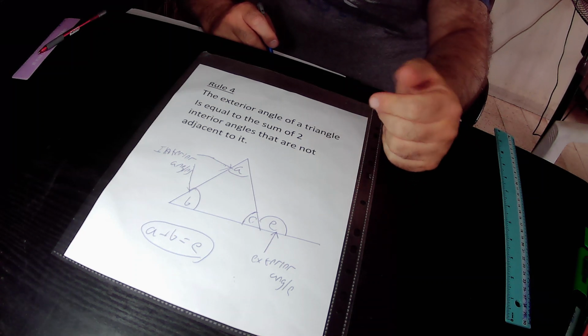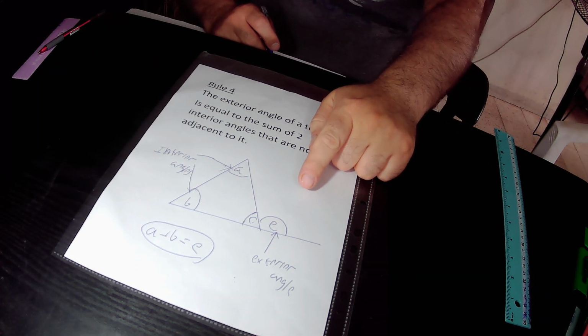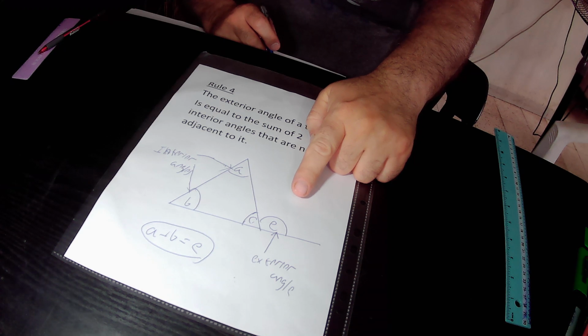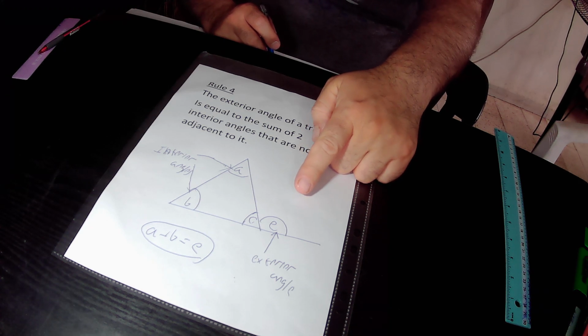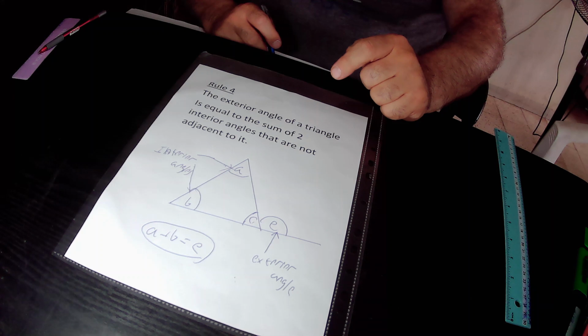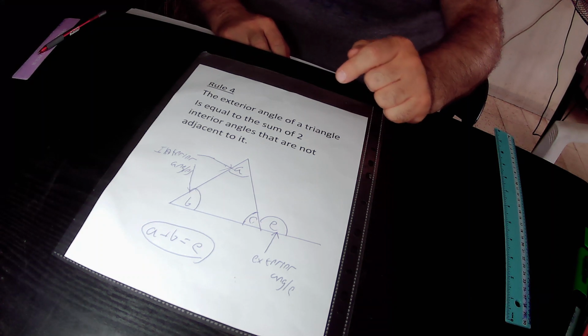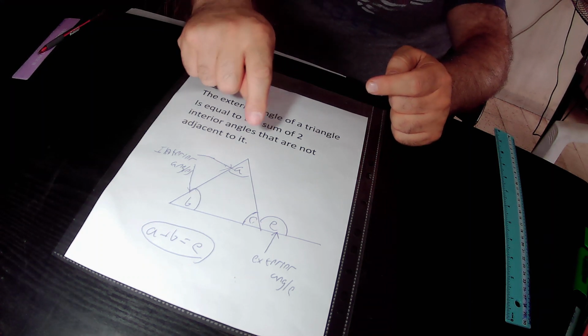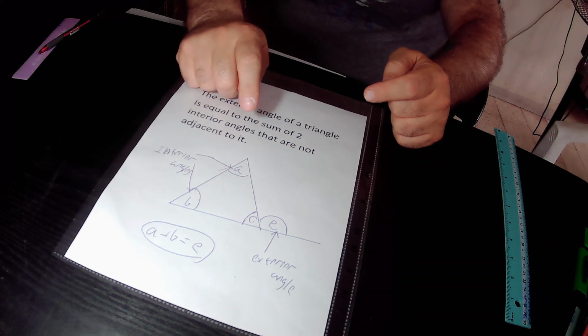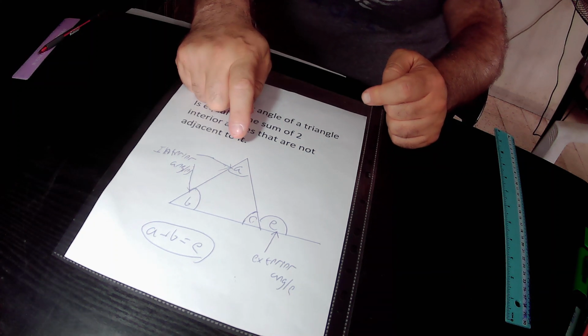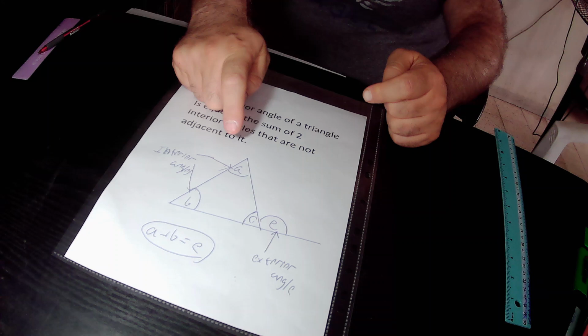According to rule 4, the size of this exterior angle, angle E, is equal to the sum of the two interior angles that are not adjacent to it. We have three angles, A, B, and C. They are defined as interior angles of this triangle.